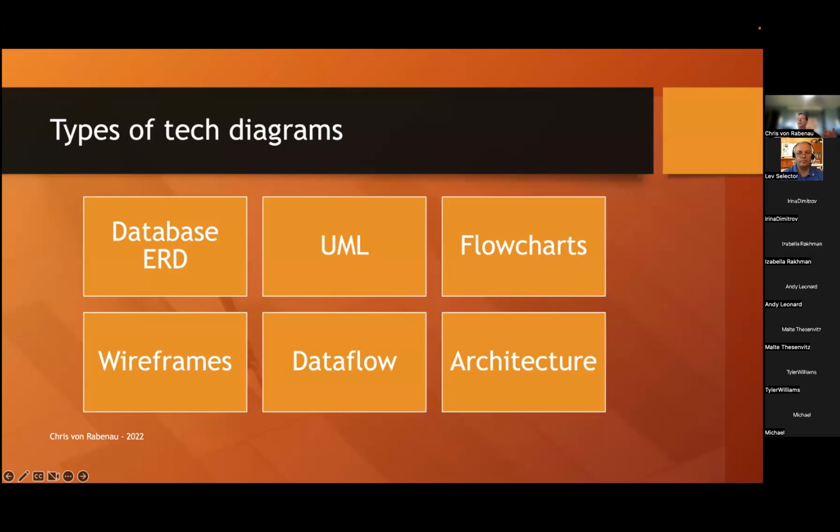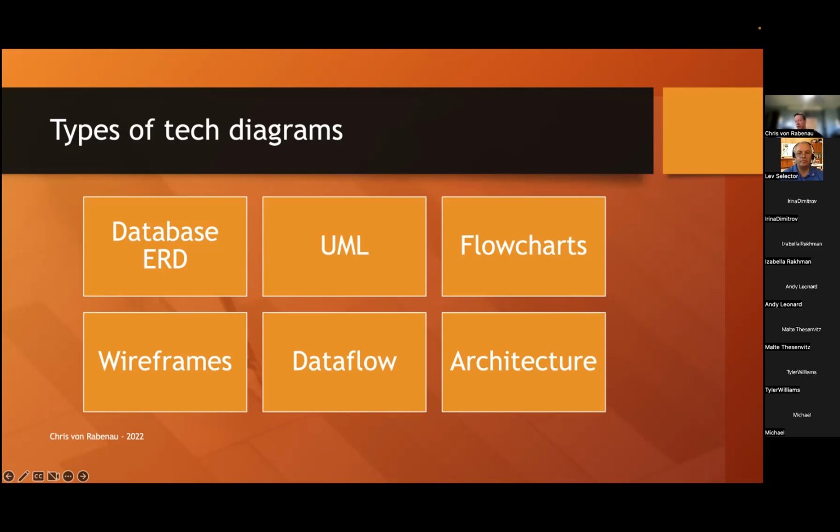Then there are various different types of diagrams. Examples are a database ERD, and a UML showing the classes and the entities within the classes and how they interact with each other. There are flow charts of processes, and wireframes of applications. So here's my web page, and I'm going to create a diagram that shows the wireframes of the website.